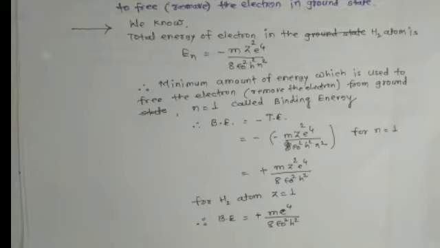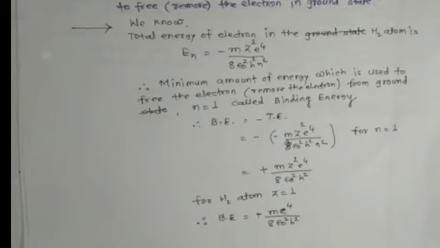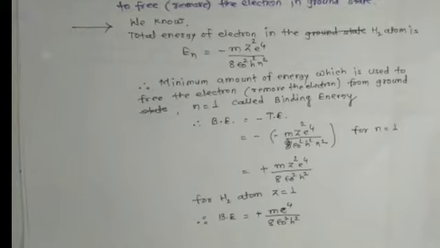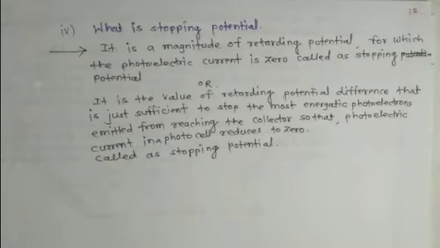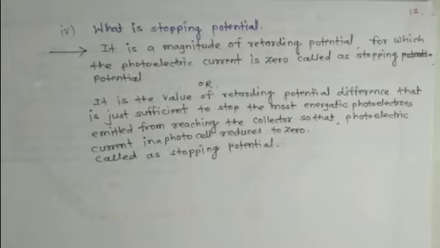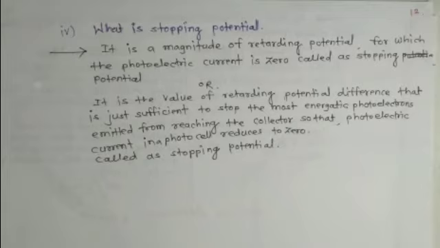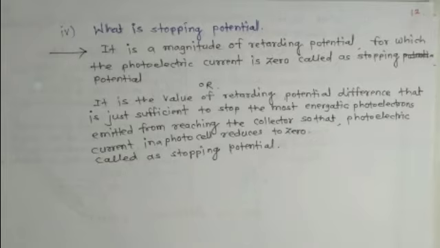That energy must be supplied to the hydrogen atom. Question number 4. What is stopping potential? Answer: it is the magnitude of retarding potential for which photoelectric current is zero, called stopping potential.